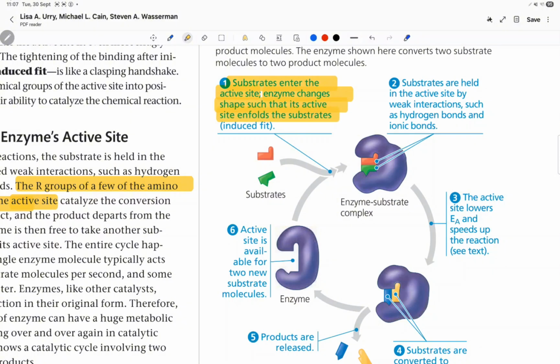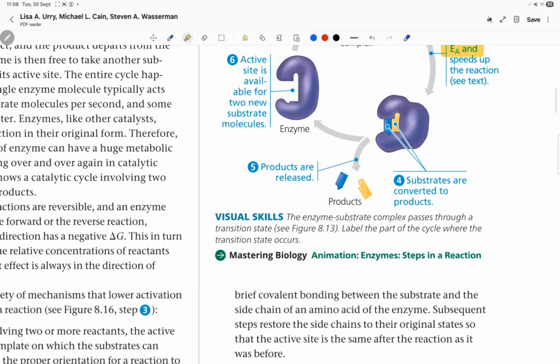That's called induced fit. Once that happens, you have interactions between the substrate and the enzyme by hydrogen bonds and also ionic bonds, all of which are facilitated by the R groups. The enzyme then lowers the activation energy, making the reaction more possible and also faster, and the substrate becomes a product.